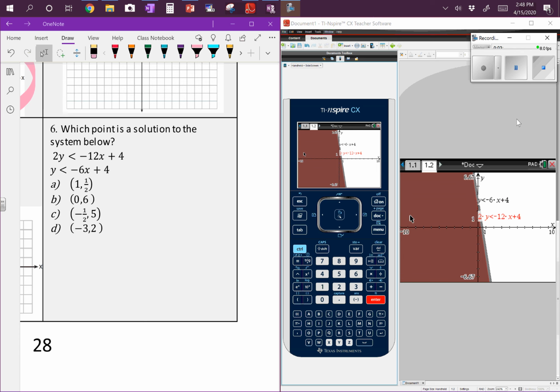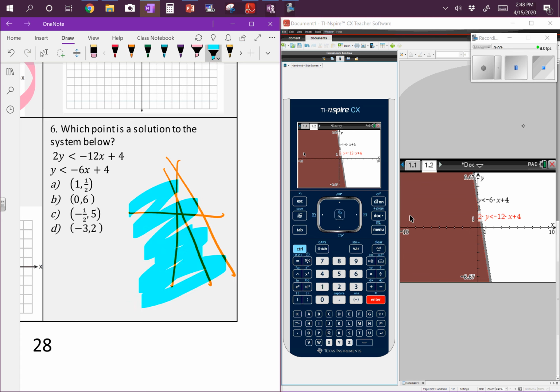If you notice, the lines are parallel. So we've got a nice axis, we've got steep parallel lines, and they're both shaded below. So one is shaded like this, and the other one shaded like this. And they overlap on that side.